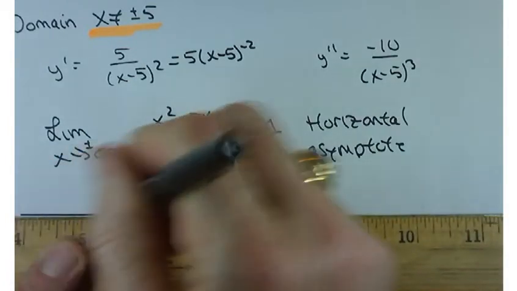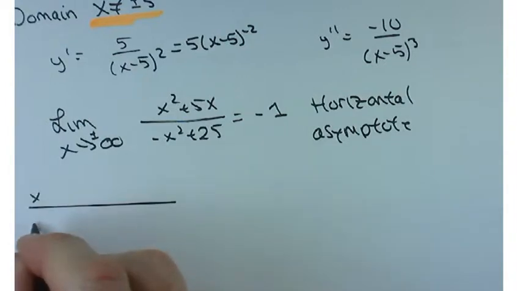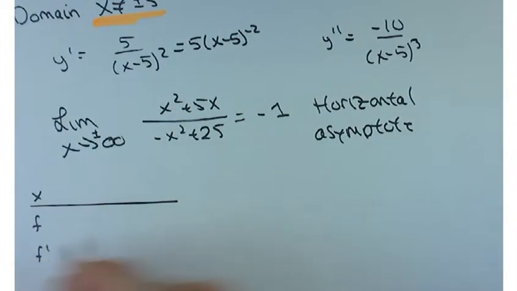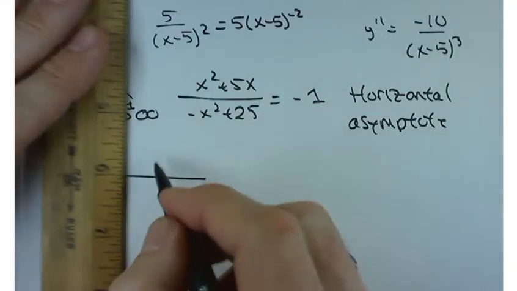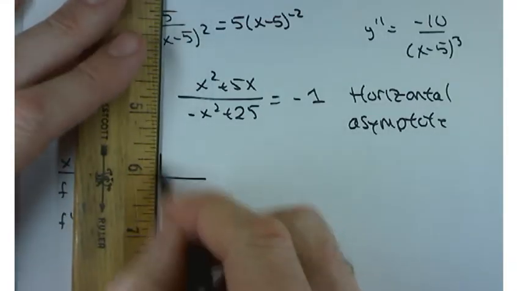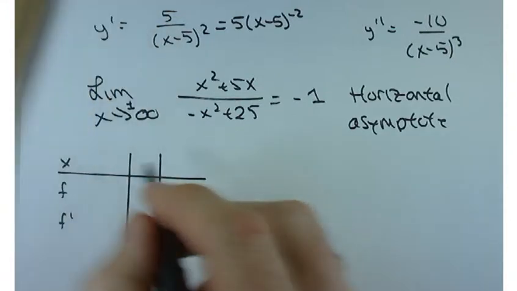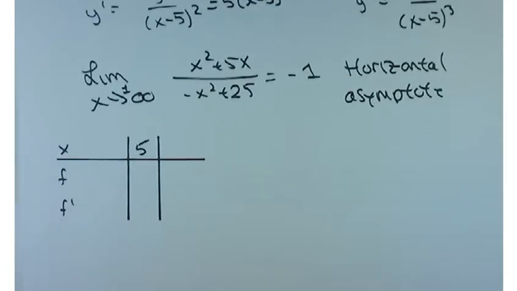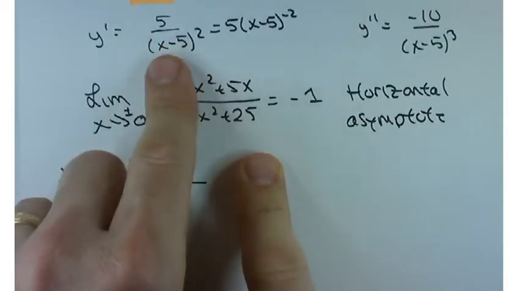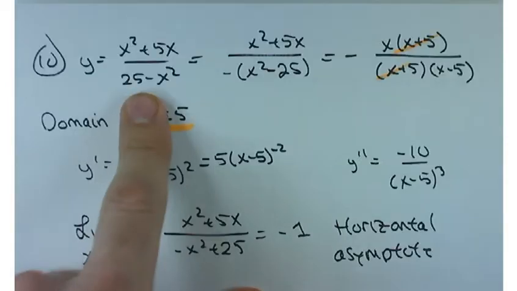So, make myself a little table: x, f, and f prime. Let me introduce a little notation for you just out of my own convenience. What happens if I try to plug a 5 into the function?